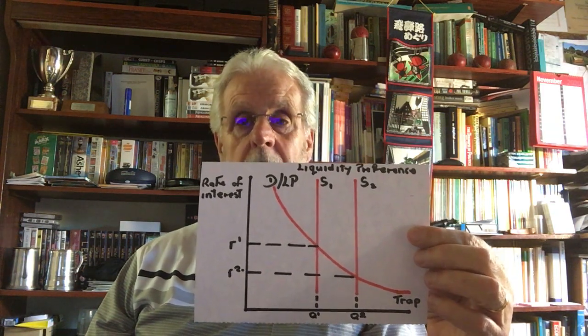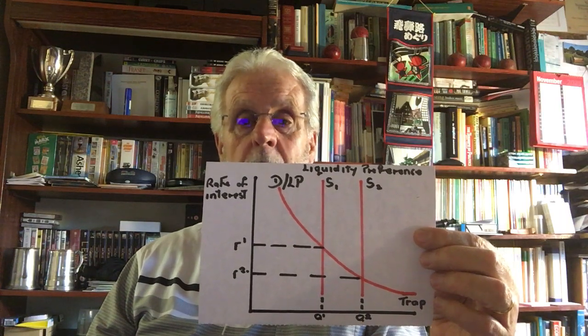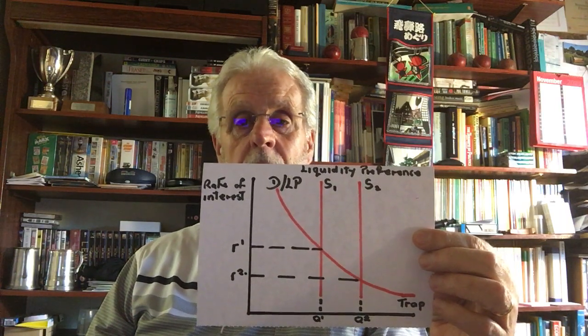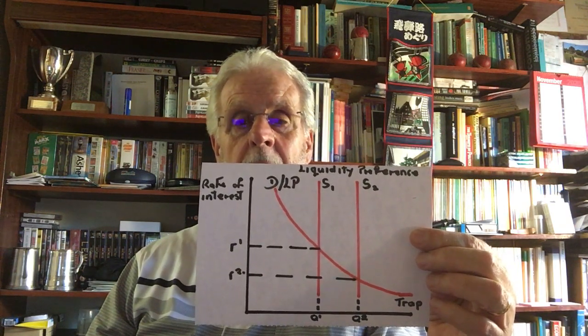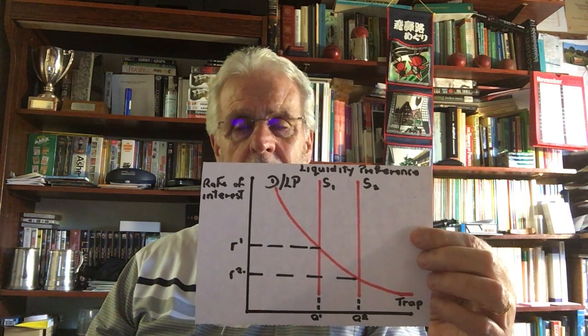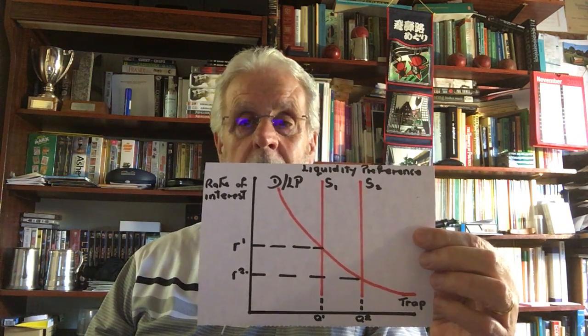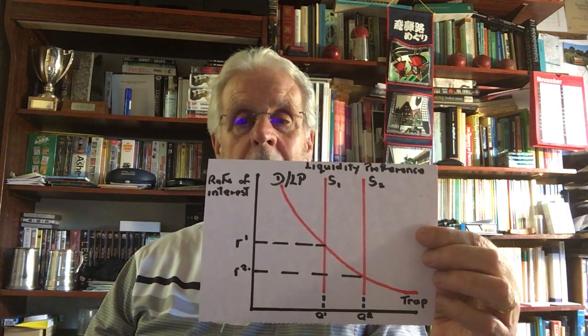If the Bank of England increases the supply of money from supply 1 to supply 2, then you would expect interest rates to fall. But carry on shifting that supply curve over, and there'll come a point where you won't be able to lower interest rates any further, where people become totally indifferent to whether they hold money or hold interest-bearing assets.